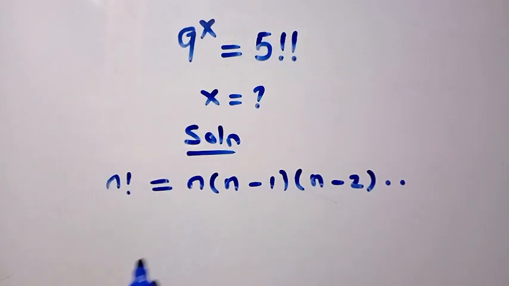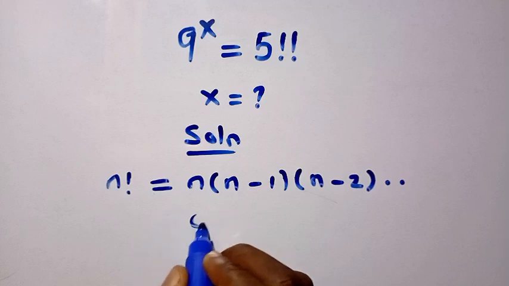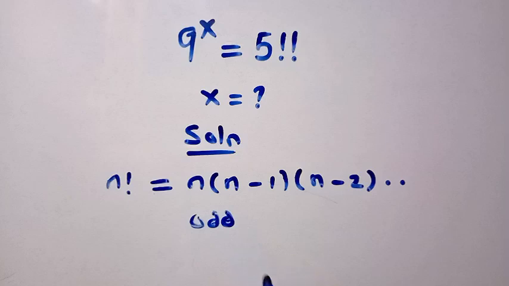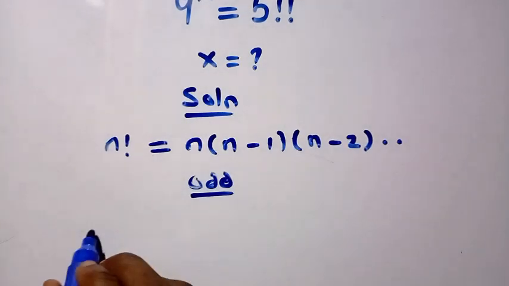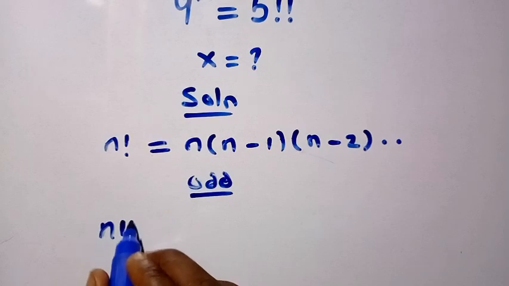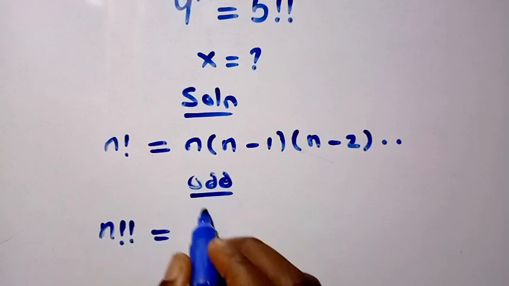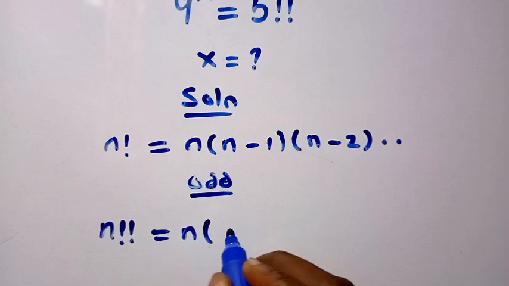And for the case of double factorial, there are two cases you have to consider. Let's say we are given an odd number, and n is a positive integer. If you have n factorial factorial, as far as we are given an odd number, we are going to be subtracting 2 from it.